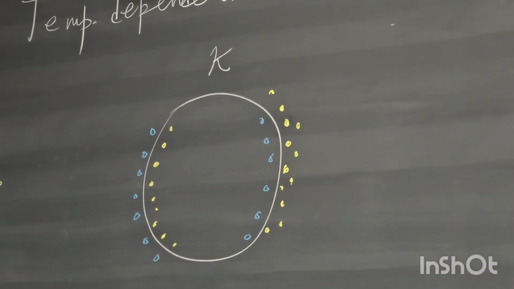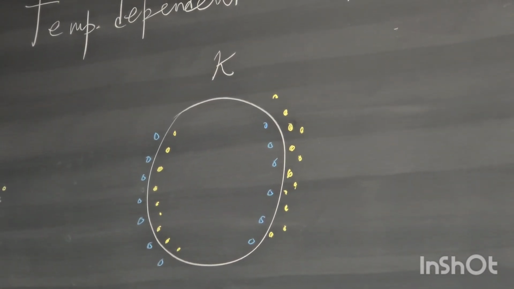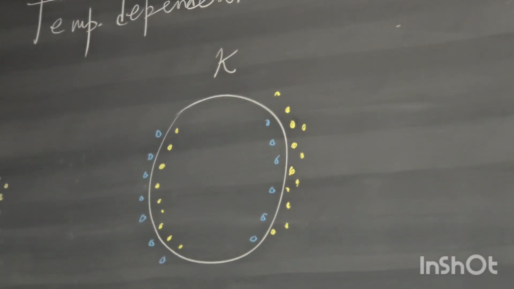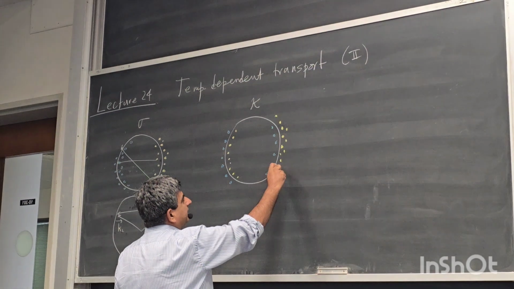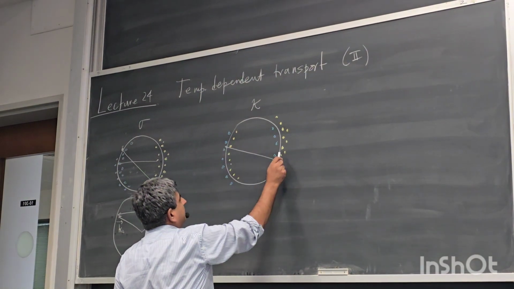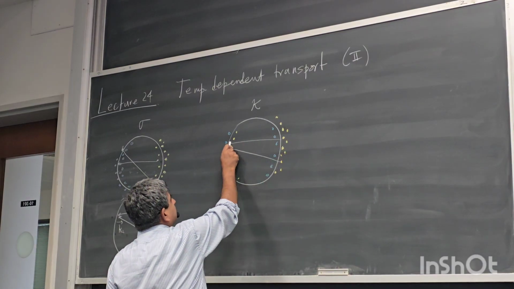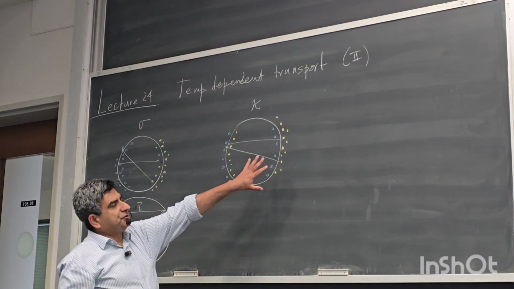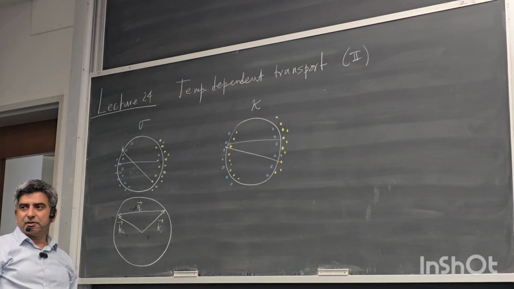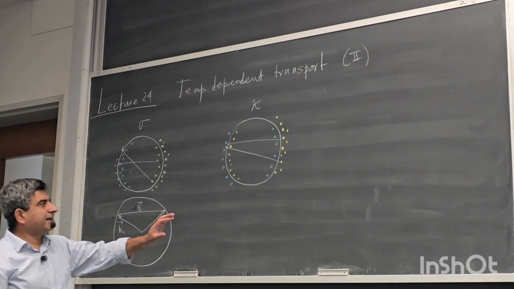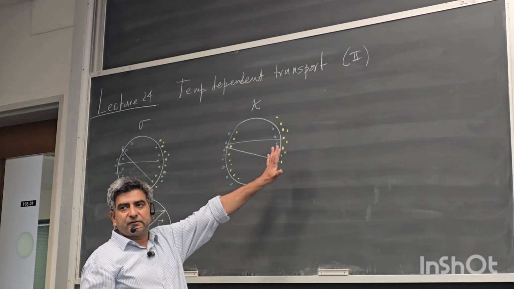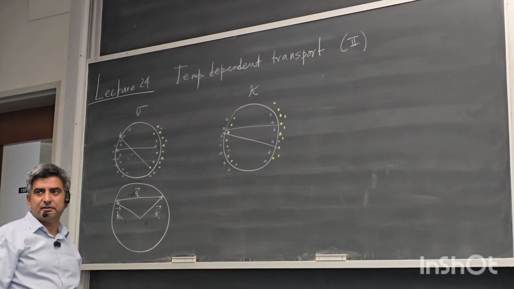So two kinds of mechanisms can take place for thermal relaxation. One is the conventional horizontal process in which a change in wave vector for the electron is so large that it can take an electron from one side of the Fermi sphere to the other side.